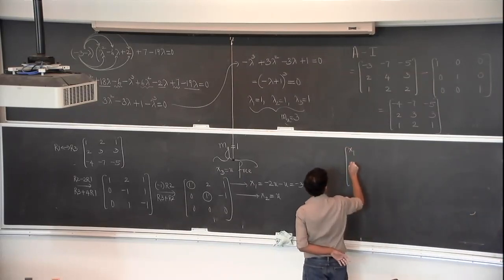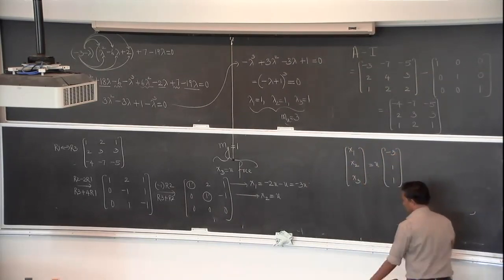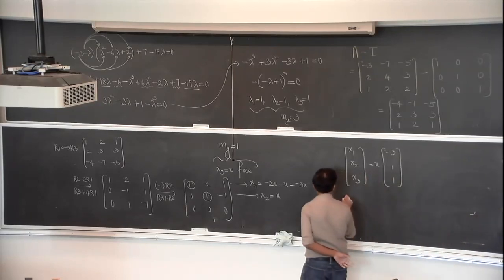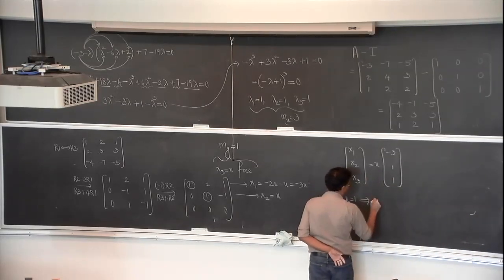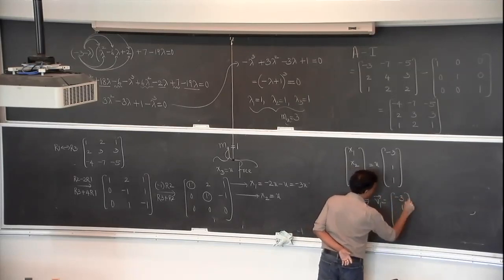So x1, x2, x3 is u times -3, 1, 1. Okay, and that gives you what you need. You can now pick your favorite free variable, u equal to 1. You get an eigenvector. That's all you have: -3, 1, 1.